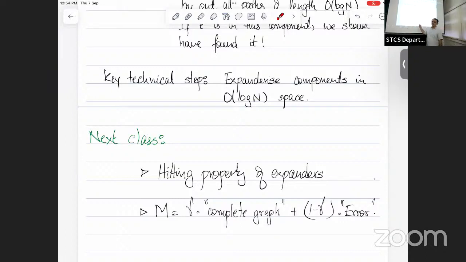So in the next class, we'll do this sort of matrix decomposition. It's not very hard, but it's a really powerful starting point for all calculations involving expanders. And once we do this, we prove the hitting property and then slowly start building expanders. That's going to be the agenda for the next couple of lectures.